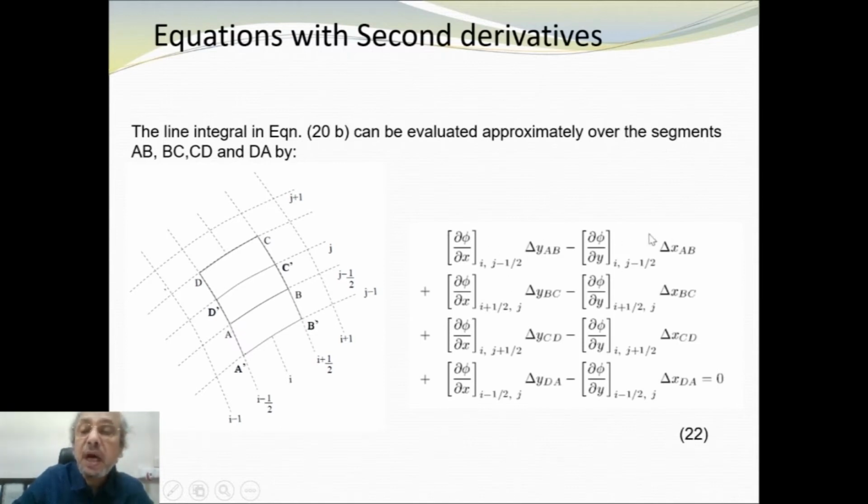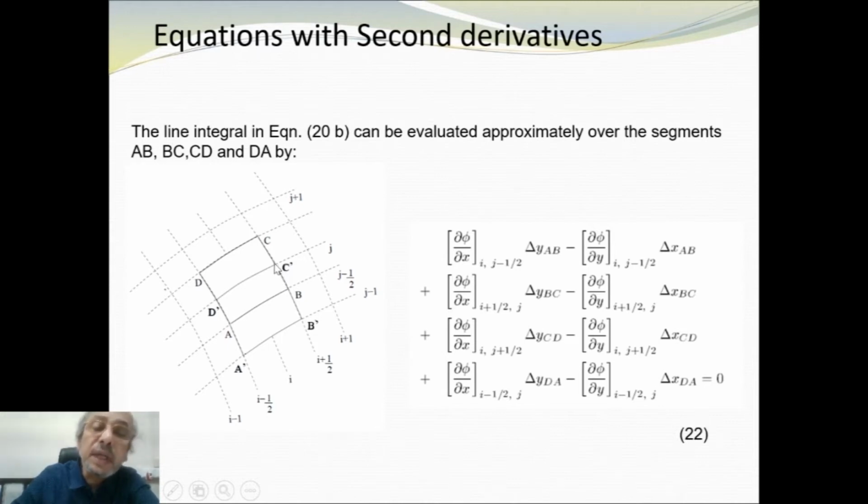So this is the first line, that means integration of del phi del x at this point into delta y minus del phi del y at this point into delta x. Next we have to go along the BC segment, that means we have to define the quantities del phi del x and del phi del y here.